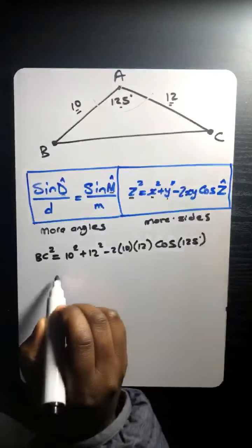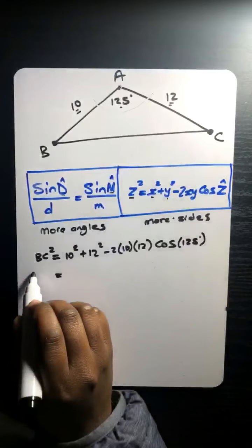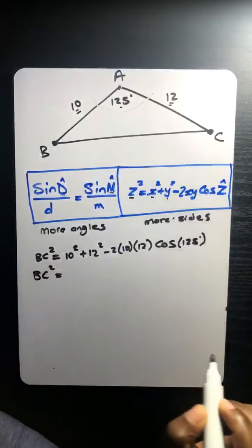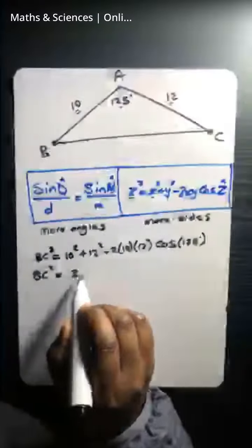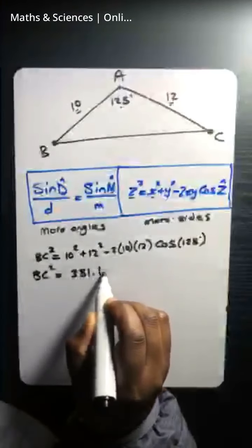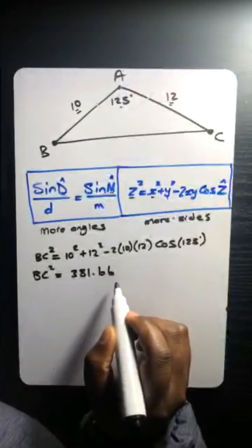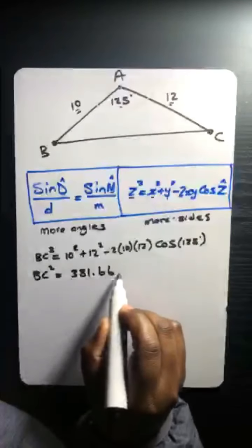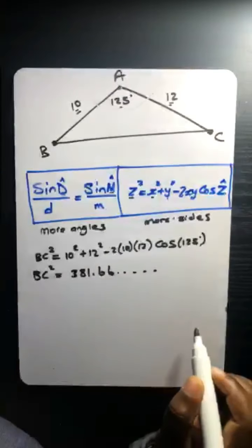What are you guys getting when you punch all of that on your calculators? 381.66. Remember, if this is not the final answer, write it up until the last number on your screen.